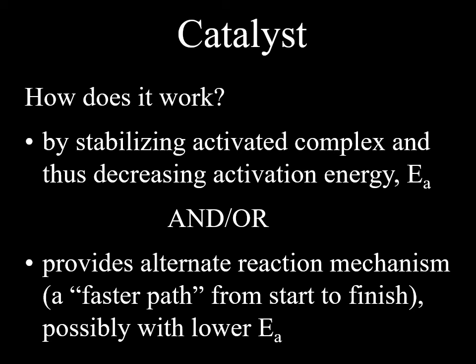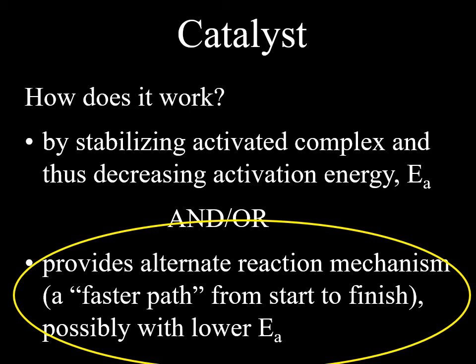It's creating a new series of elementary steps by putting that I- in there. So this is by far the explanation that I see used much more often than the other one. So this is probably the one I would focus on, alternate reaction mechanism. It gives you different elementary steps, and those steps are going to go faster.